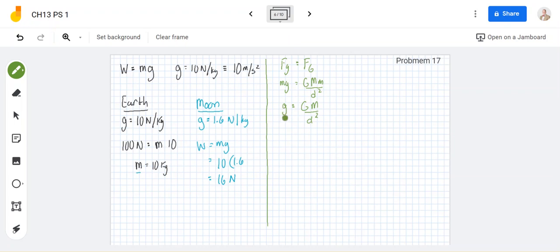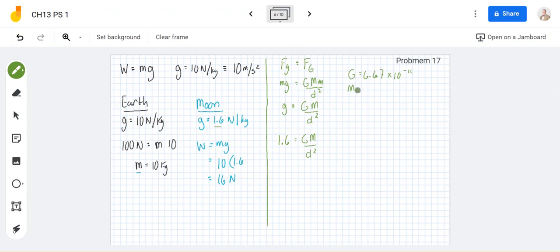So you want the g value that we're solving for to be the same as that on the moon. And then we're going to solve for d. So in here, we're going to need to know our G value and our M value. So G, universal, is 6.67 times 10 to the negative 11.